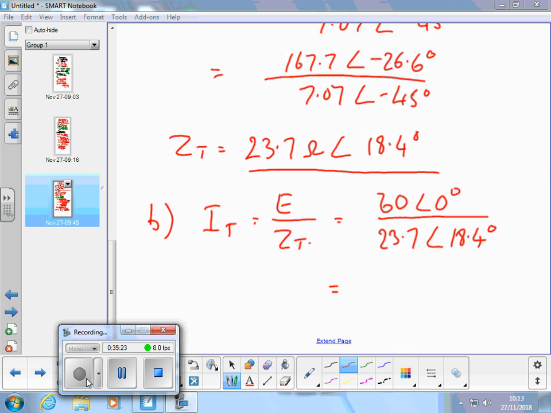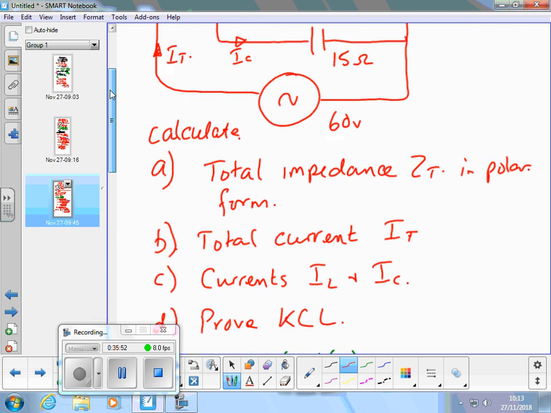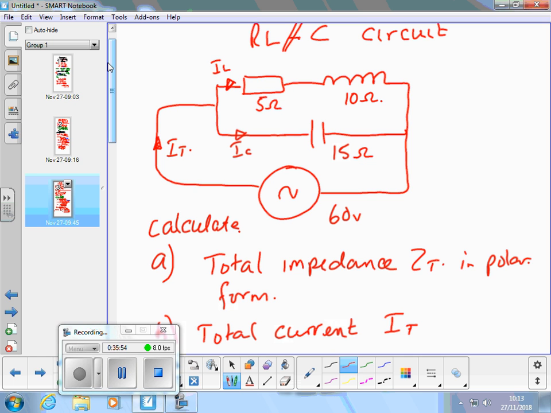The result of that is 3.52 amps angle minus 18.4 degrees. So that is the total current being delivered by the source, this current here.